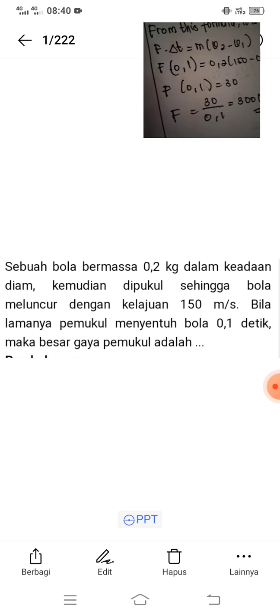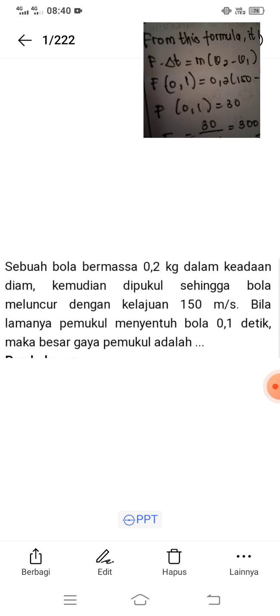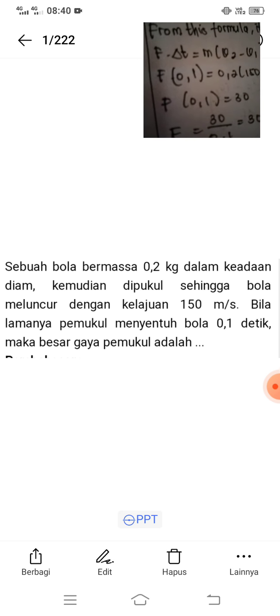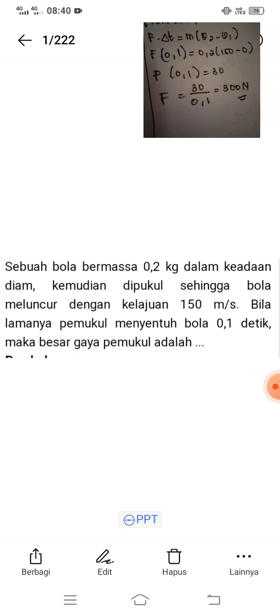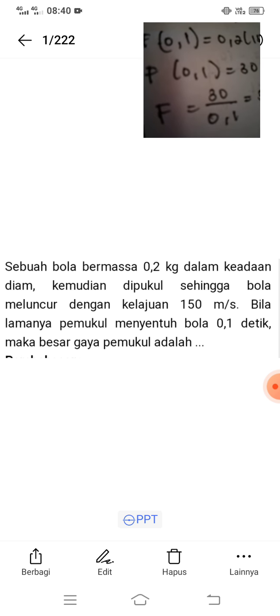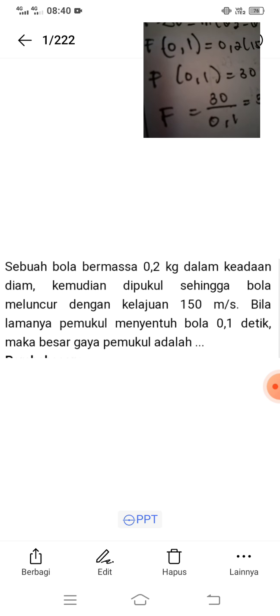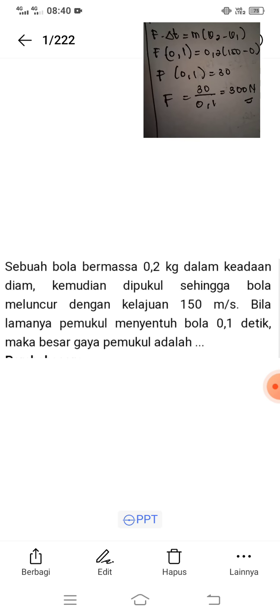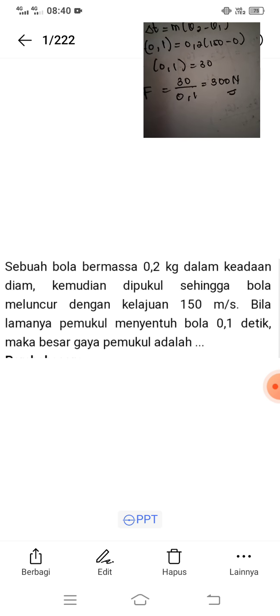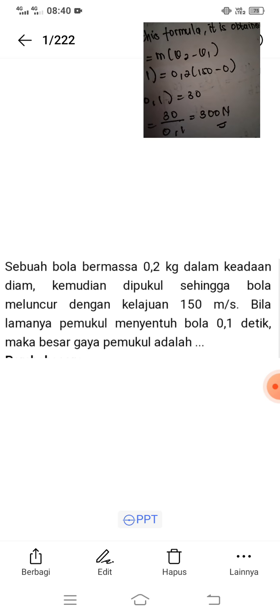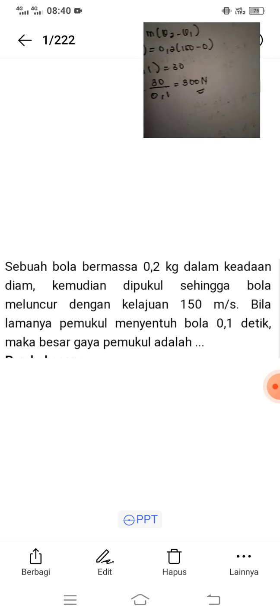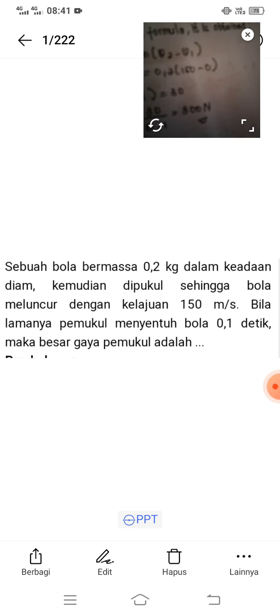F multiplied by 0.1 is 30. F is 30 divided by 0.1, which is 300 Newton. So the correct answer is 300 Newton.